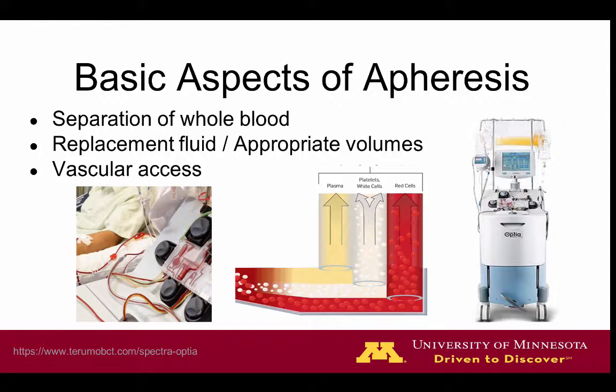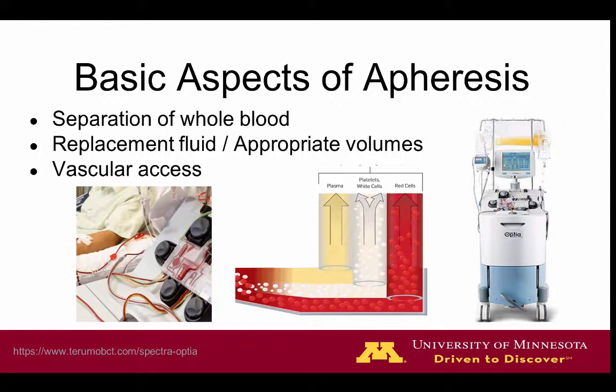So some of the basic concepts that are present in pretty much all the different apheresis procedures is the idea of collecting the blood and separating it into its different components, replacing the fluid back into the patient and calculating the appropriate volumes necessary, as well as having a vascular access to actually get at this blood.